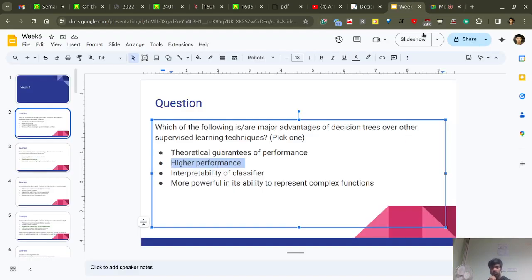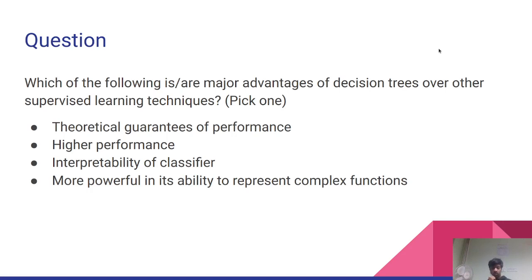Even though it can represent a complex function, the main reason we use it is because it is more interpretable. Whenever we are building a decision tree, we can see that if it is greater than this, then we say yes. If it is lower than this, we create multiple branches and check another condition.